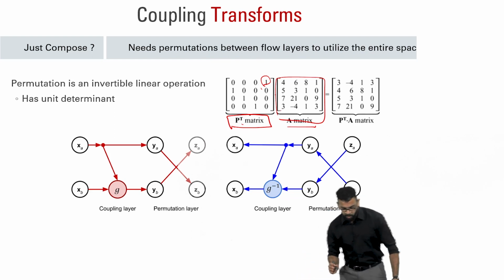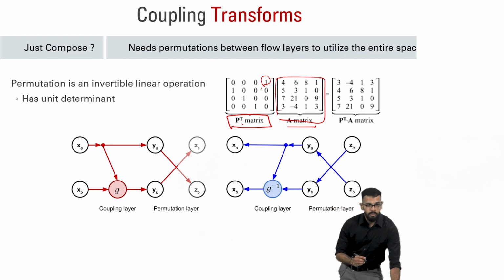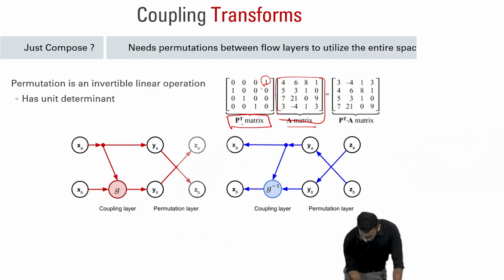Now what you have is a good way to compose these coupling transformations and ensure that the entire space is still transformed. You start with XA, you copy it into YA, you have XB, and you transform it using XA into YB. But now I permute the elements in this vector using a permutation layer, and this permutation layer is invertible.